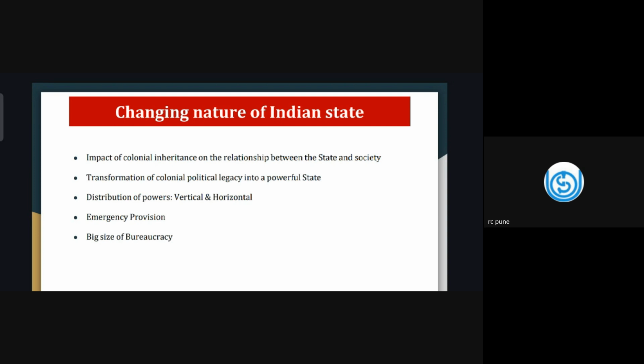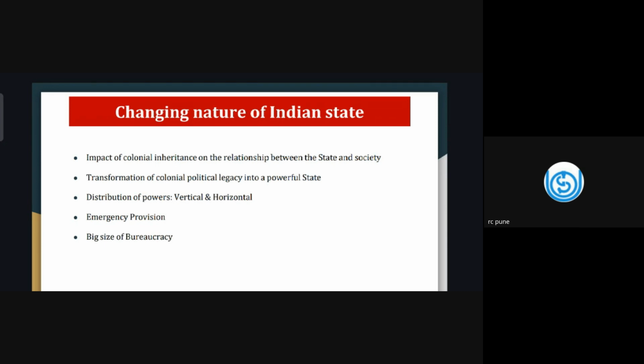One more category is there, which we call the concurrent list, where those subjects are listed where union and state both can take the decision.